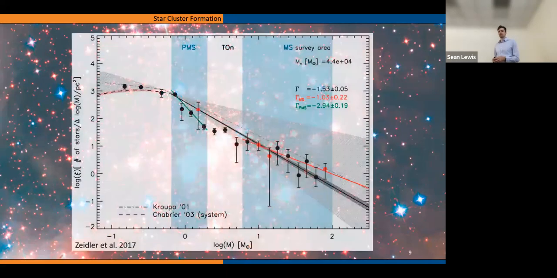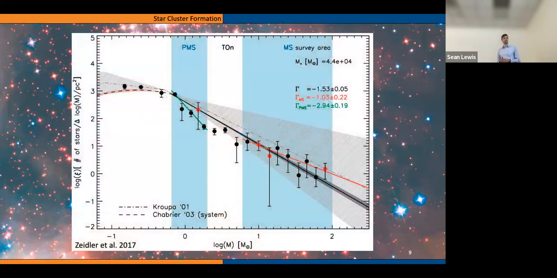And just to show an analytical example of this, this is showing a mass function for the cluster we were just looking at. On the x-axis, it's the log of the stellar masses. So that means that the 0 on the x-axis is talking about 1 solar mass. And then on the y-axis is a scaled number of stars.